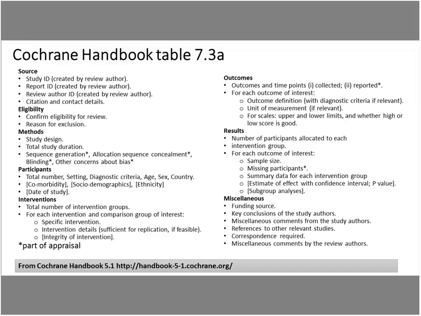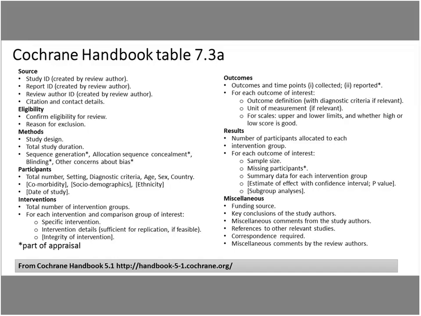They want to make really sure at this point that you really should code this study, so they have reviewers look again at eligibility, and if they're going to kick it out, why they kicked it out. And then they work through the methods, the participants, the different information about the intervention, outcomes, and so on.